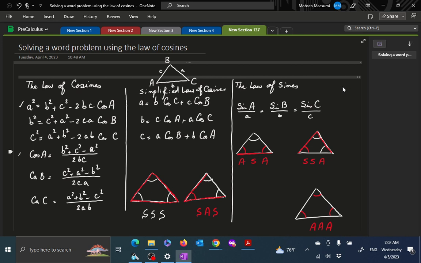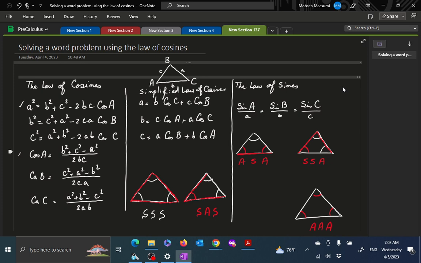So here's a reminder of the laws we have learned so far. The law of cosines, for example: a squared is equal to b squared plus c squared minus 2bc cosine of A. We said that's the generalization of the Pythagorean theorem.